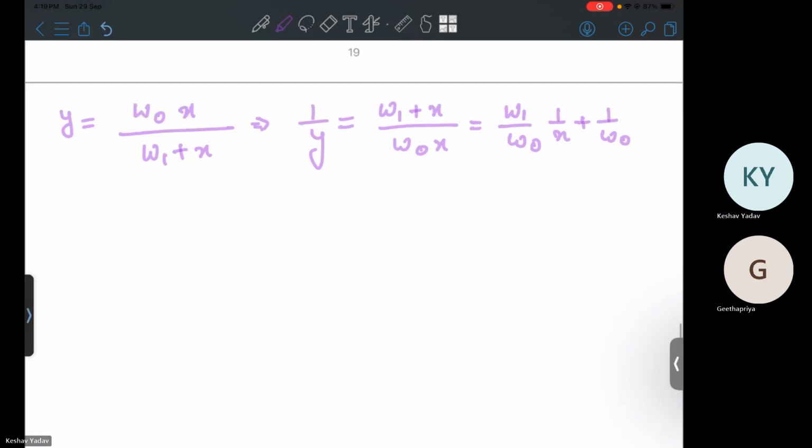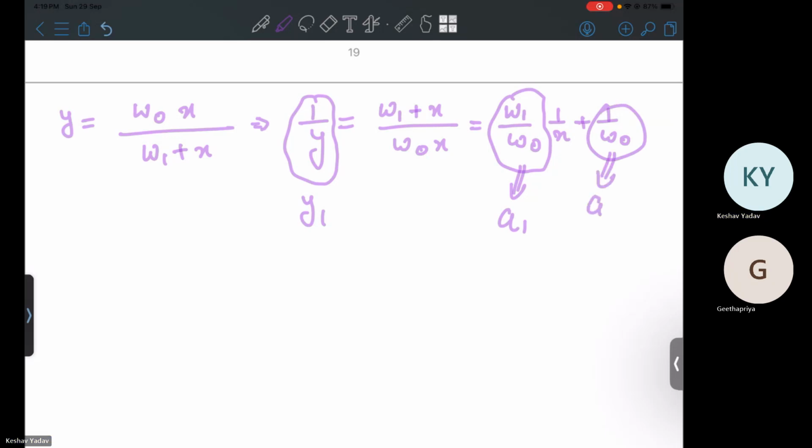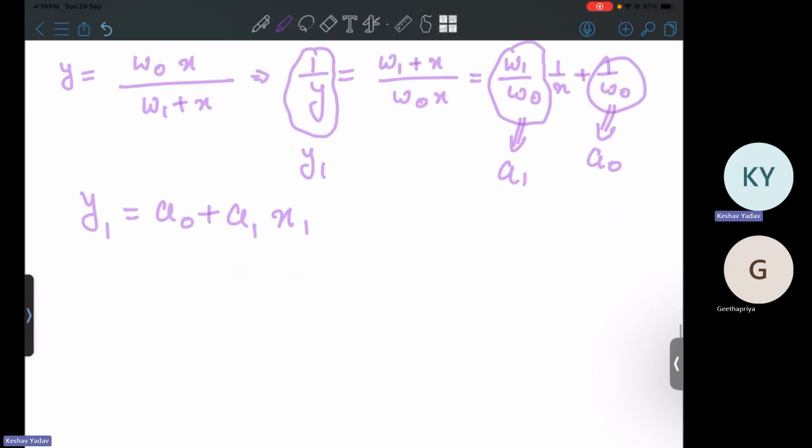If I assume this to be Y1, this to be A1, and this to be A0, my above problem has been converted into Y1 equal to A0 plus A1 X1. This is my problem.